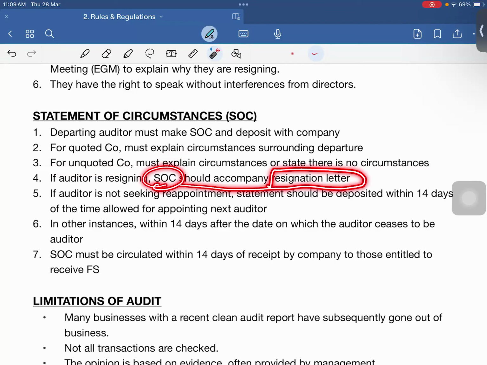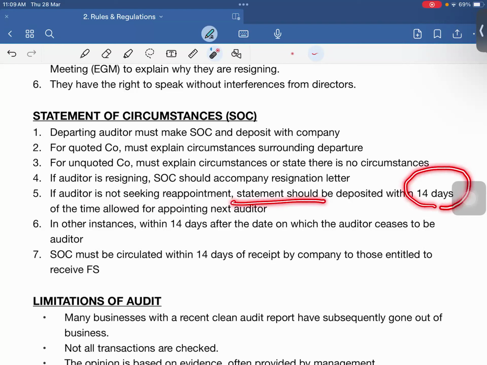Understood? Now, sometimes the auditor may not want to be reappointed in the same company, right? So he is not seeking reappointment. So if he is not seeking reappointment, he should give a statement, and the statement should be given in 14 days time. Clear?